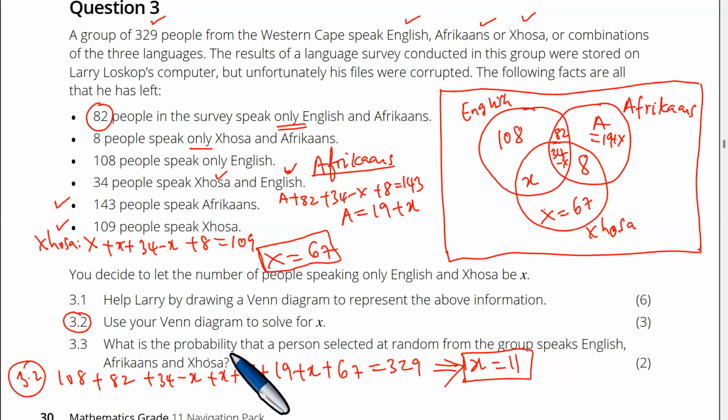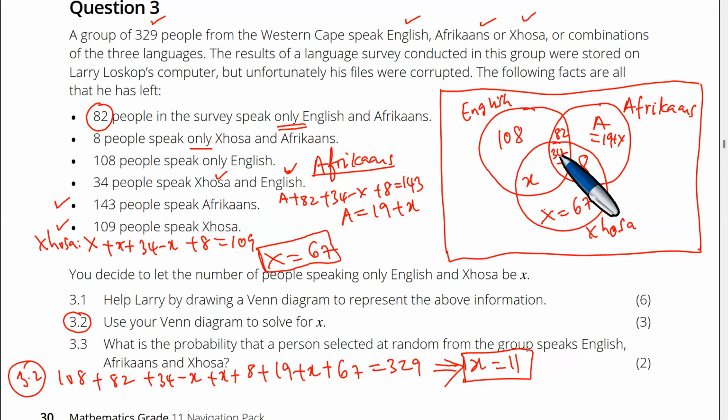What is the probability that the person selected at random from the group speaks English, Afrikaans, and Xhosa? So that person is here, in 3.3.